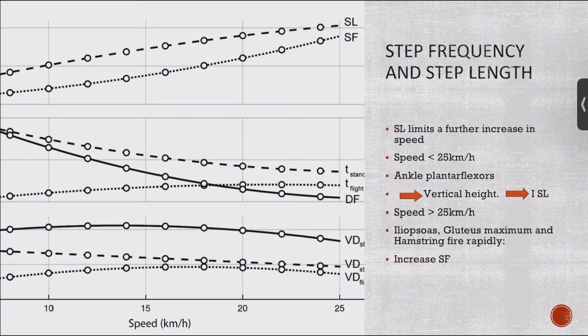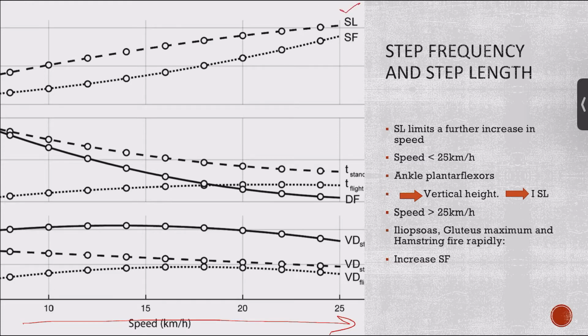So we will see now step frequency and step length are the most important things, so we will study these further. Here you can see on the x-axis is the running speed, and on the y-axis are the various other components. First we will see step length.